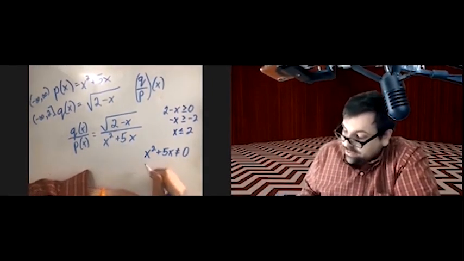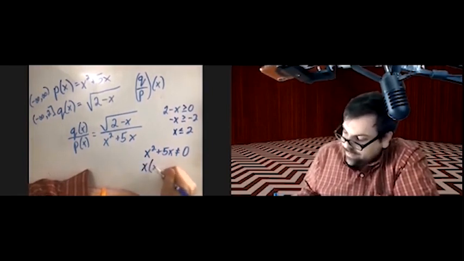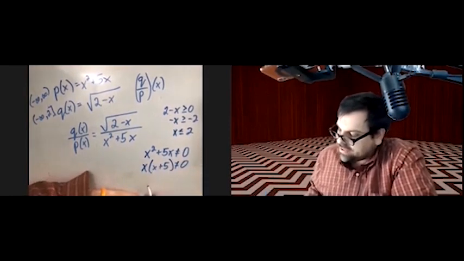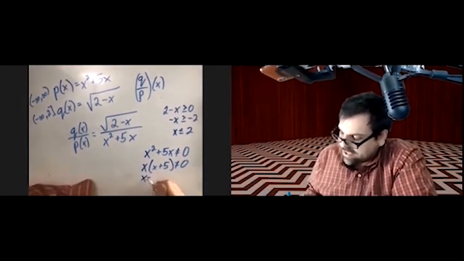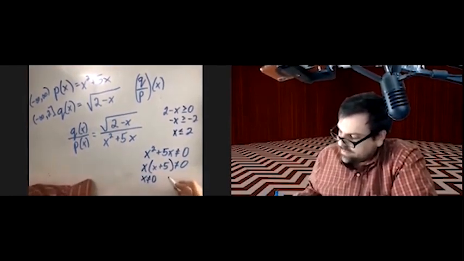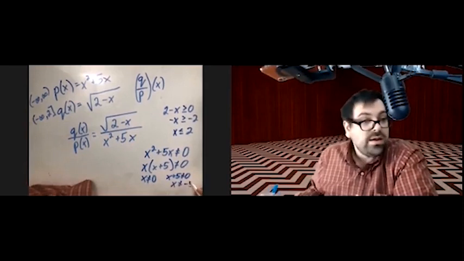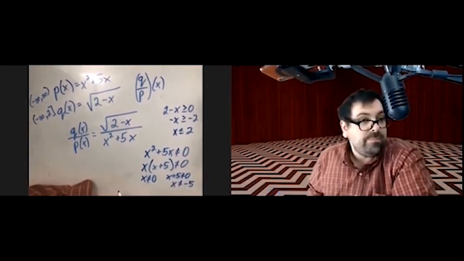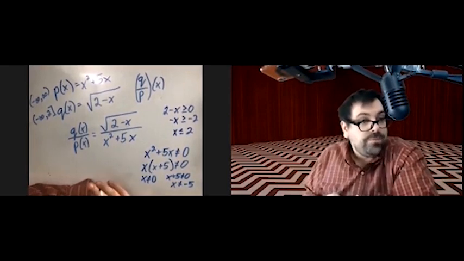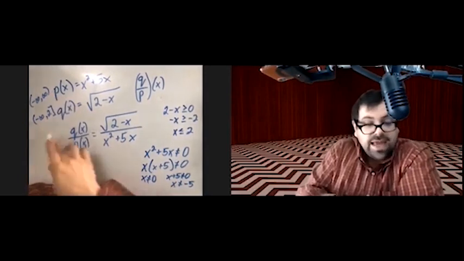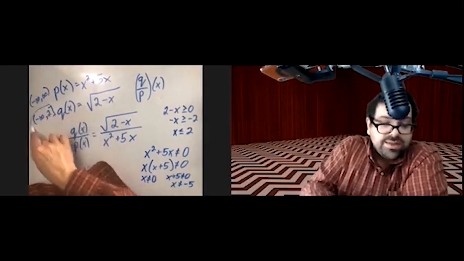We factor. x times x plus 5 can't be 0, which means x can't be 0. x plus 5 can't be 0, so x can't be negative 5. So we're going to take the intersection of these two where they overlap, and that's just going to be this here.